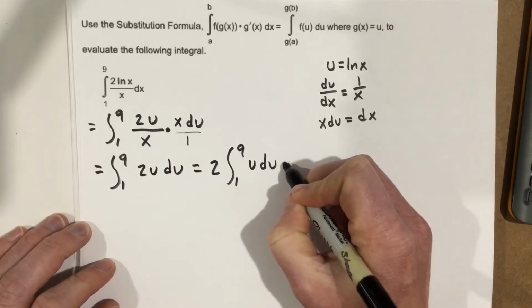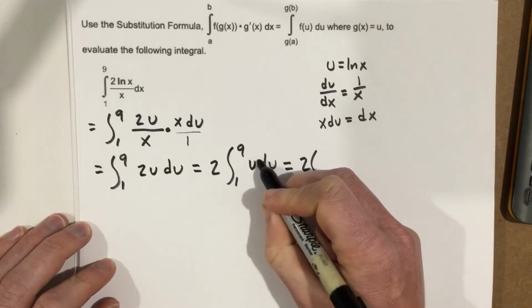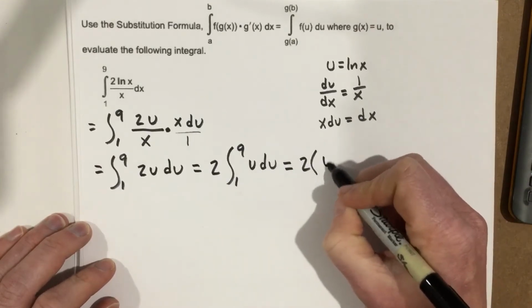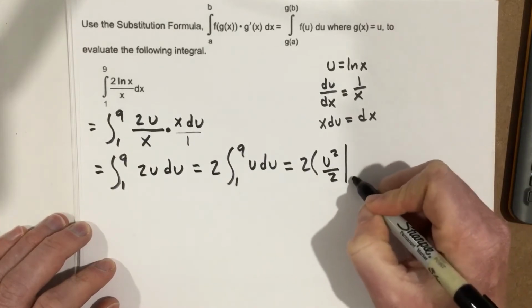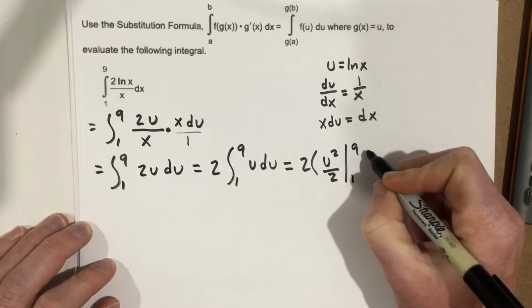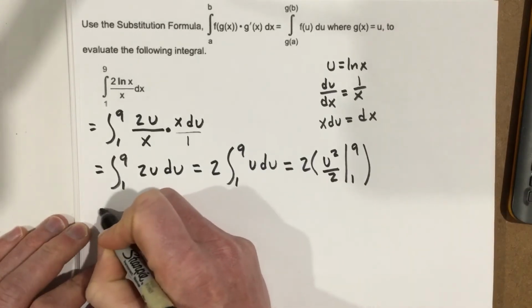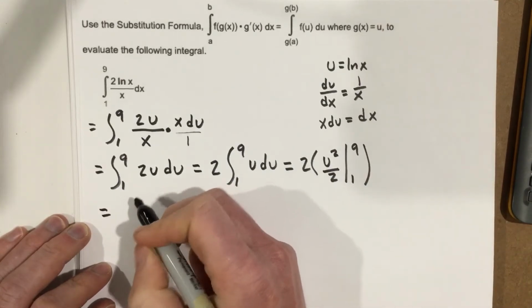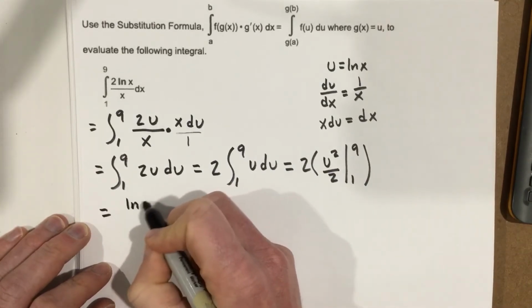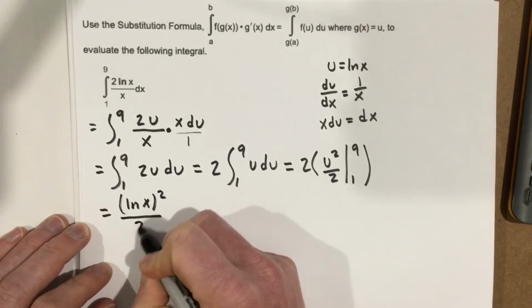I'm going to integrate it now, so that's 2 parentheses, add 1 to the power, divide it, so that's u to the second power over 2, and we're going to do that from 1 to 9. We're going to pull this back in, this u value, which is natural log x, so we end up with natural log x squared over 2.